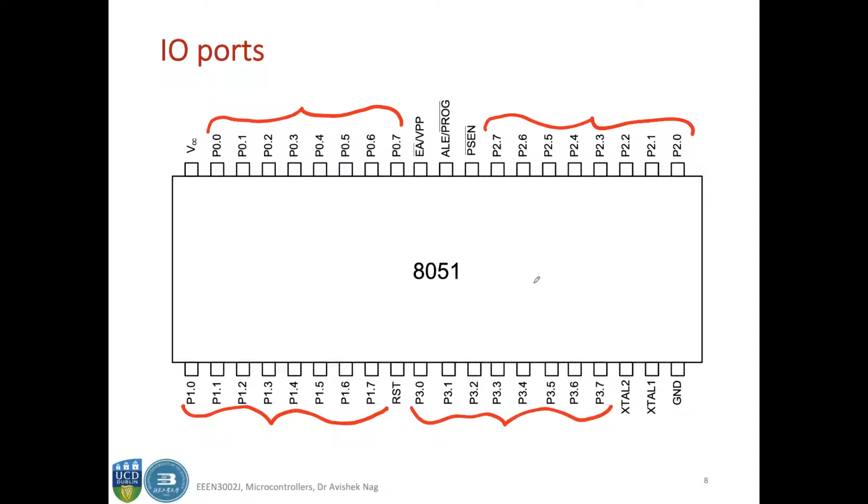And then we can see there are some other pins, so it's a 40 pin device, and the remaining 8 pins are VCC, ground, PSEN, ALE, EA, and so on, and then you have the reset. So all these pins have their own functions, and we will discuss those now.